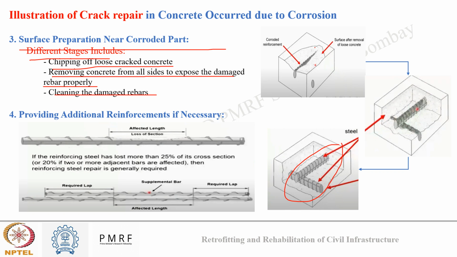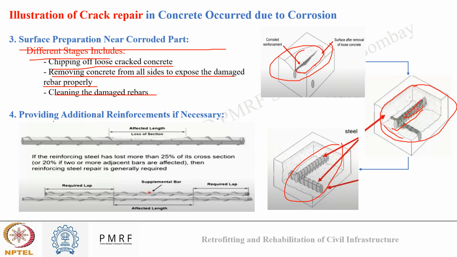Once we chip off this spalled area of concrete, we'll clean the concrete from all sides so that the area below the reinforcement is also accessible and a proper place is available where I need to apply the repair material, and then I will clean the rust over the concrete using water injection, abrasive blast cleaning, or wire brushing, anything.